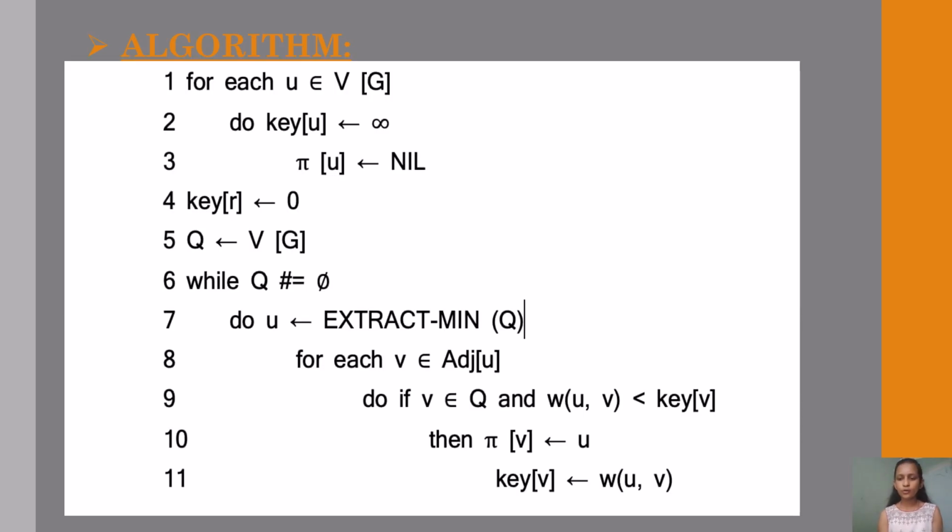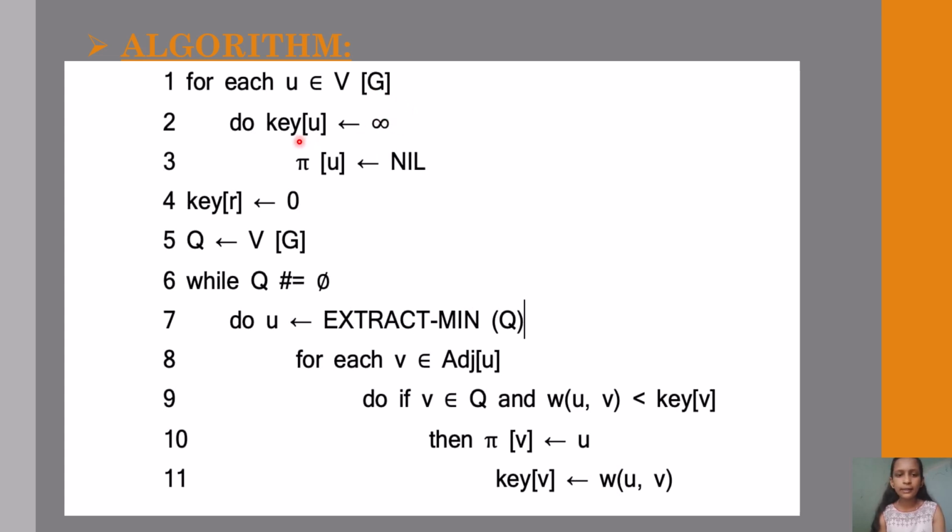Here is the algorithm or pseudocode for solving any problem using Prim's algorithm. The first 5 lines are used for initialization and the remaining 6 lines are used for constructing a minimum spanning tree, or building a network between every node. For each vertex u belonging to the vertices of graph G, the initial weight of vertex u will be set to infinity.